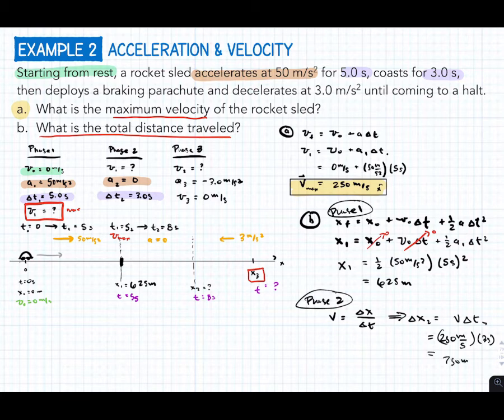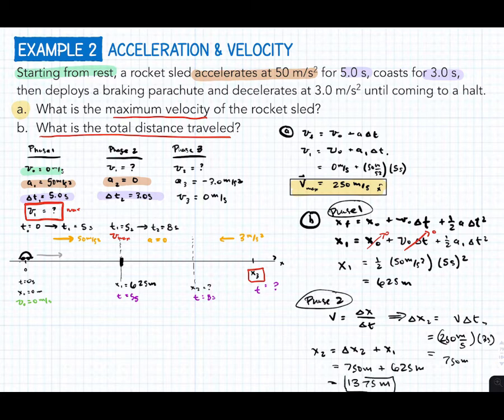So that's the change in 3 seconds. What is our actual distance now? Yeah, so our x2 is going to be delta x2 plus x1, which is 750 plus 625, which is 1375.